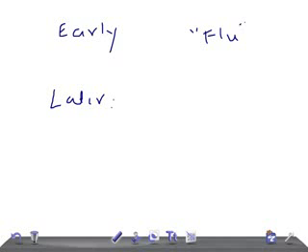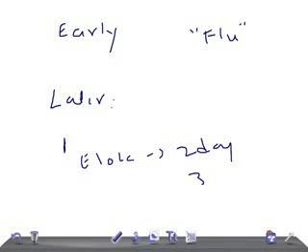If a person is infected with the Ebola virus, within 2 days to 3 weeks he can develop flu-like signs and symptoms due to Ebola virus, right? From 2 days to 3 weeks.